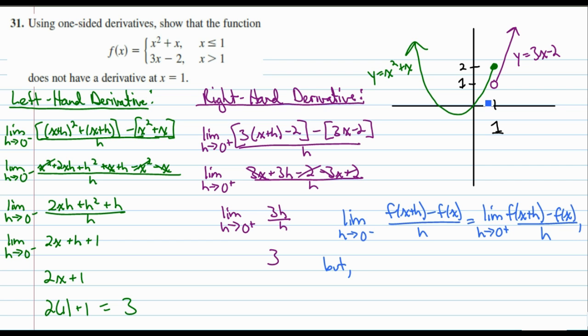So in this case, the limit as h approaches 0 from the left does equal the limit as h approaches 0 from the right. The limit of the slopes from the left and the right are 3. The tangent of both of these pieces is going to have a slope of 3. So the limit of their slopes is the same.